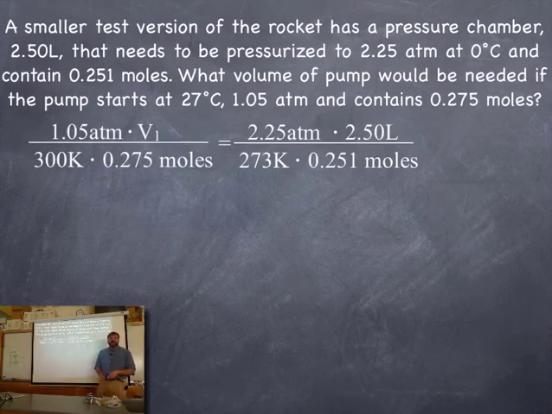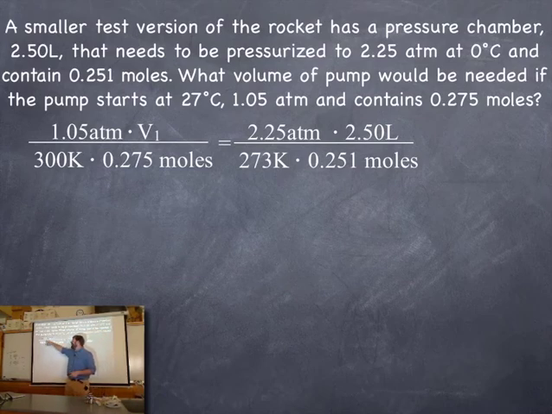So your initial setup should have looked something like this. 1.05, 300 Kelvin, 2.75, the volume we don't know. This is our pump. 2.25 atmospheres, 2.5 liters, 273 Kelvin, 2.51 moles. This is our rocket. Okay?